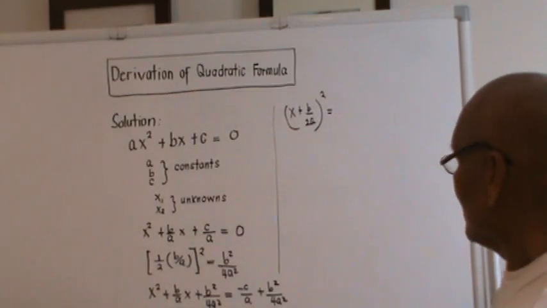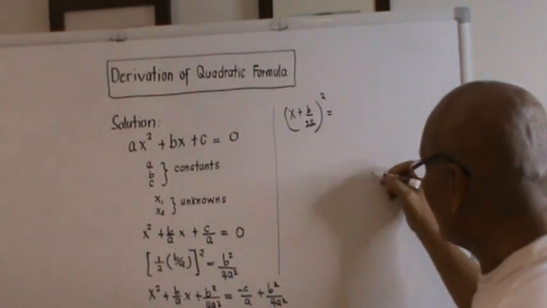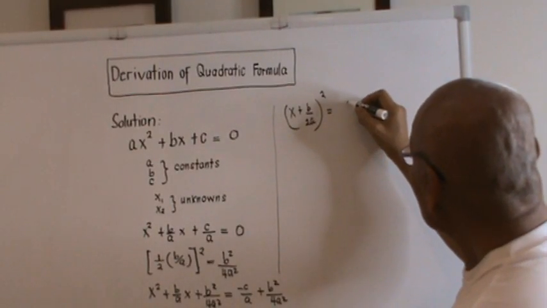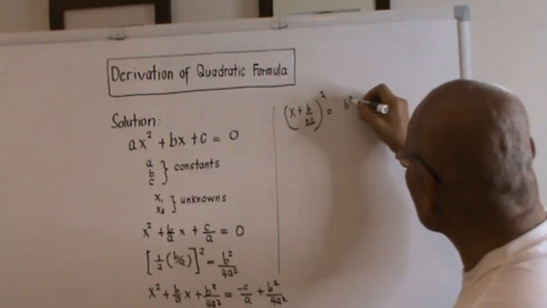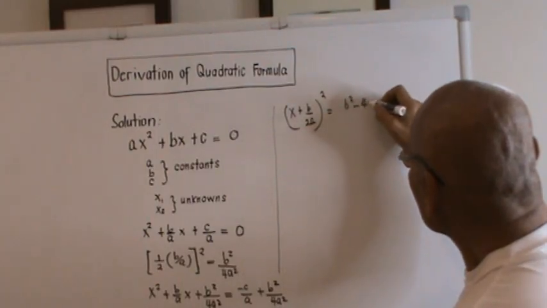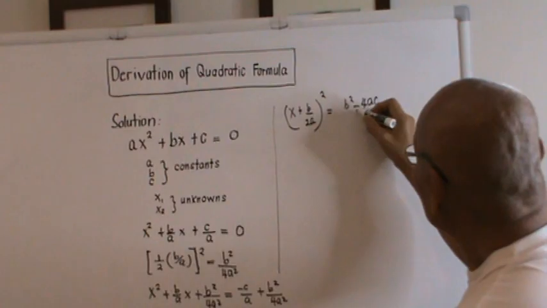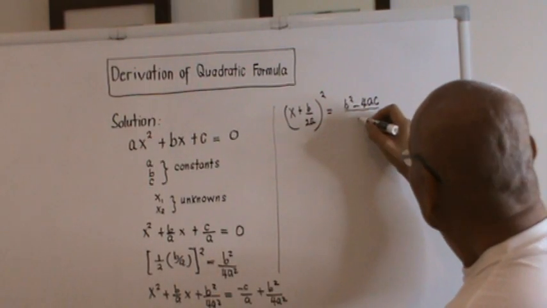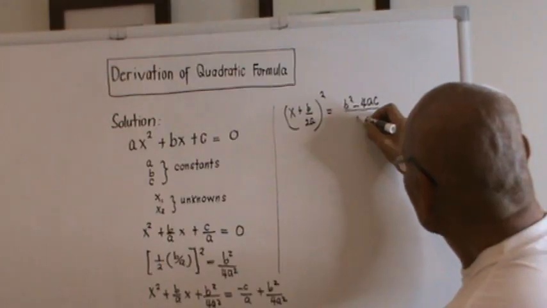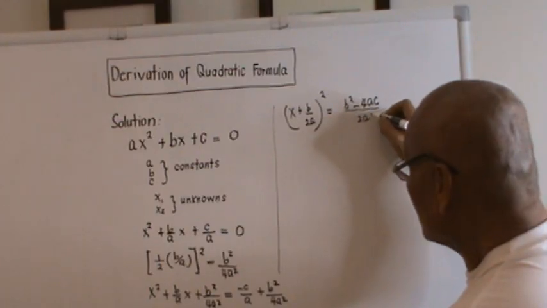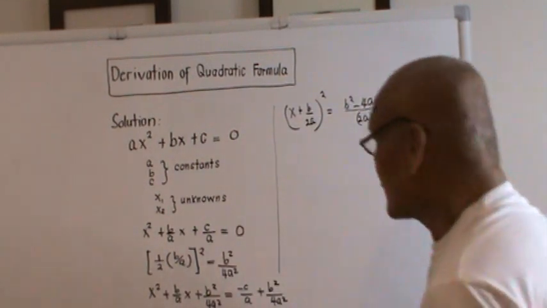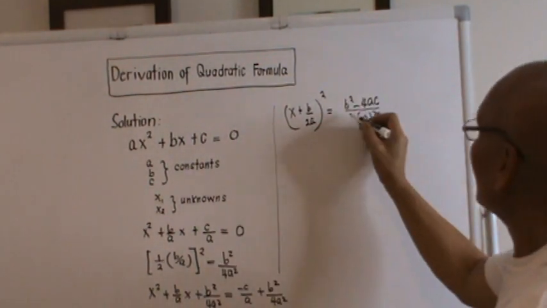For the right hand side, the simplification will be b squared minus 4ac over 2a quantity squared. That's the simplification of the right hand side.